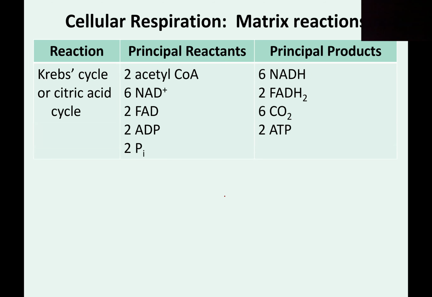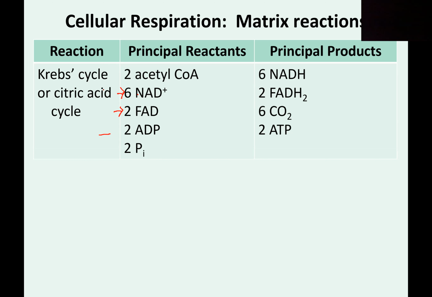Third, Krebs cycle or citric acid cycle. Reactants, 2 acetyl-CoA, put the number in front of that. 6 NAD plus, 2 FAD, 2 ADP, and 2 inorganic phosphate.